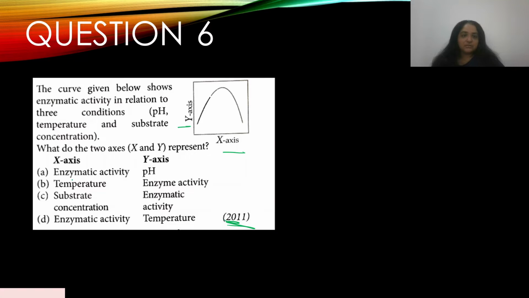A, enzymatic activity versus pH; B, temperature and enzymatic activity; C, substrate concentration and enzymatic activity; or D, enzymatic activity and temperature. So the x-axis represents the temperature and the y-axis the enzymatic activity. So the answer is B.